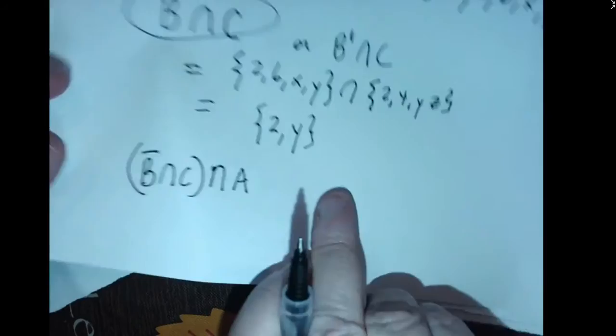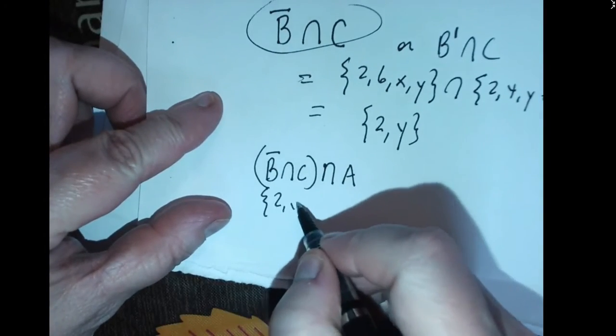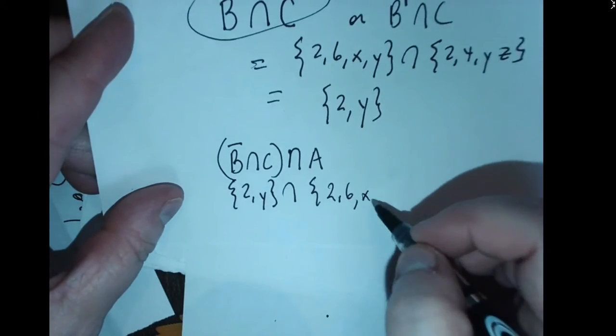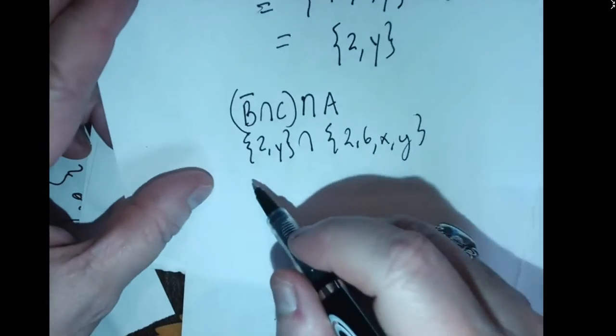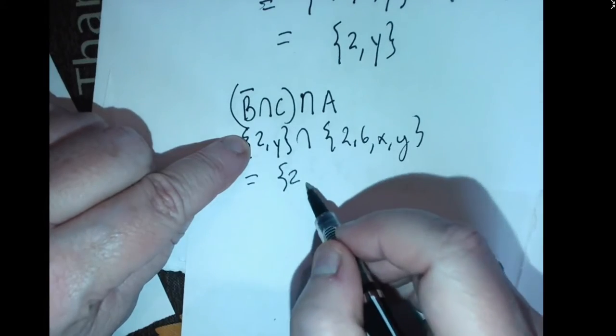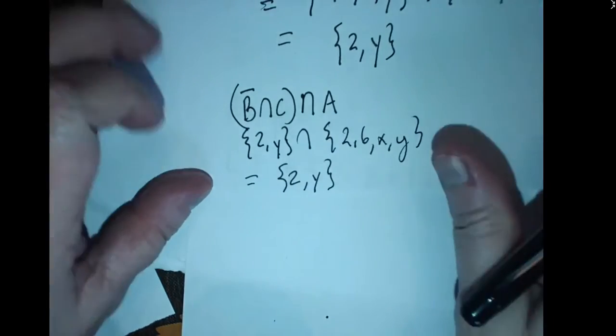So that's going to be, and my A here is 2, 6, comma X, comma Y. And we can see they have a 2 in common and they do have a Y in common. And so we're done.